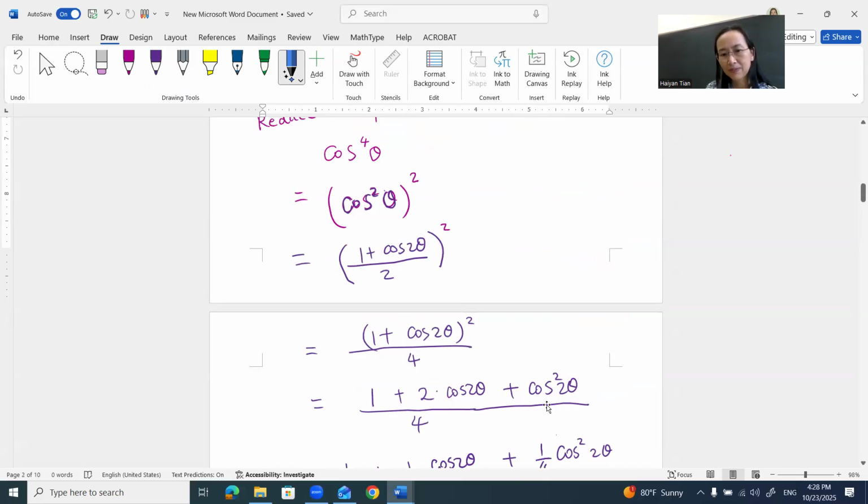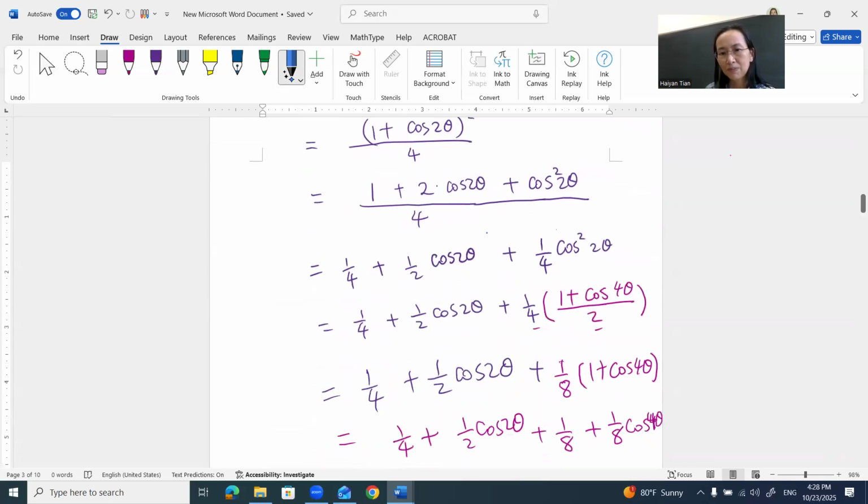So once you have some 2 theta expression, and then you again, with the power of this 2 theta, want to reduce the power, the angle 2 theta will be doubled again. So that's why we have a final expression involving 2 theta and 4 theta, after you applied the power reducing formula twice.